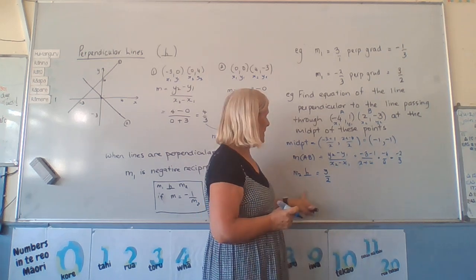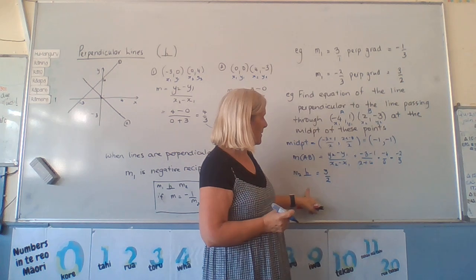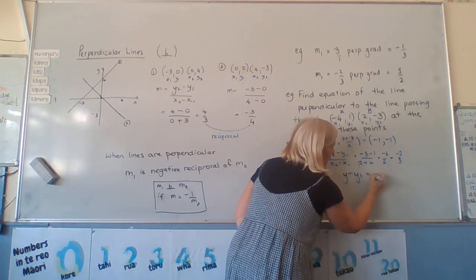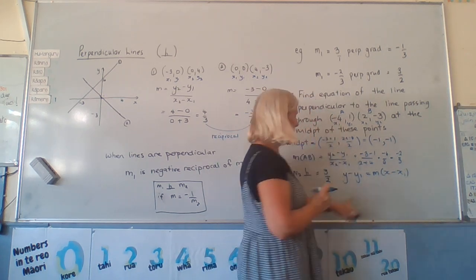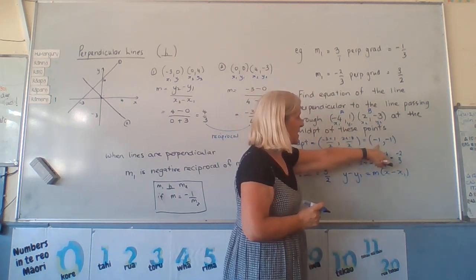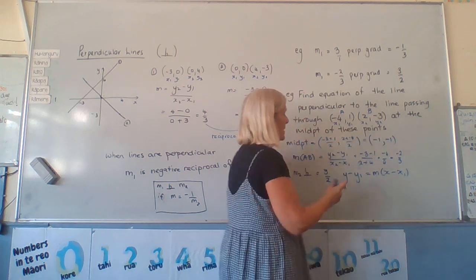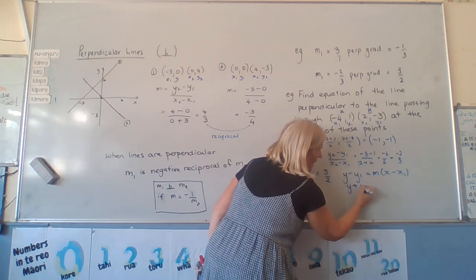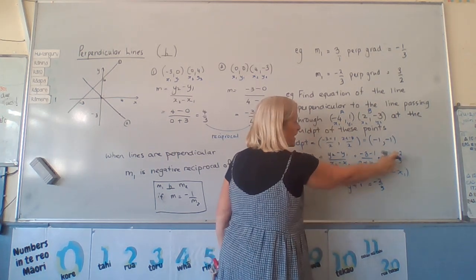All right? Putting it together, so I need an equation of a line. So I've got y minus y1 equals m(x minus x1). This is what I'm finding for my answer. The point I'm using is this one, all right, because it's going through the midpoint. So -1, -1, y minus -1 equals the perpendicular gradient.